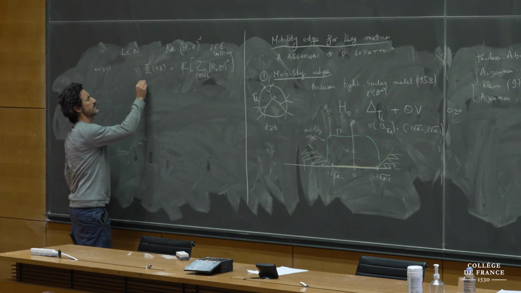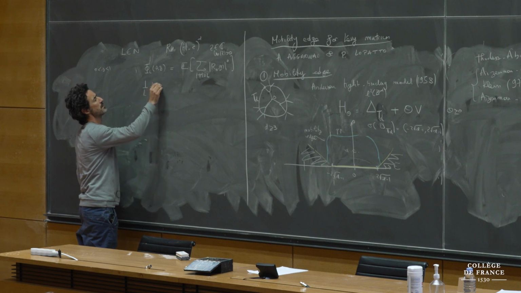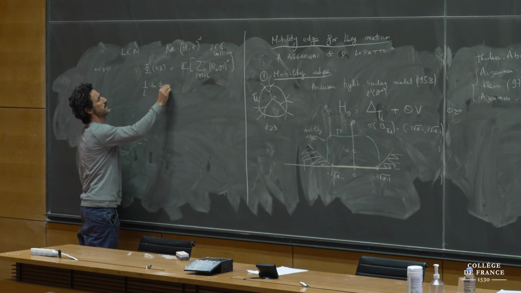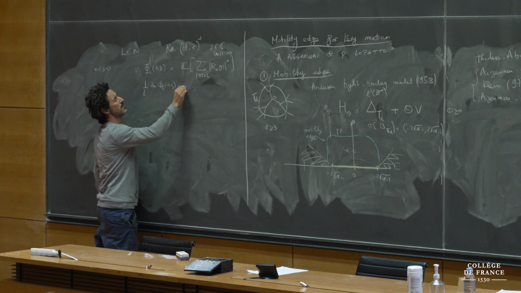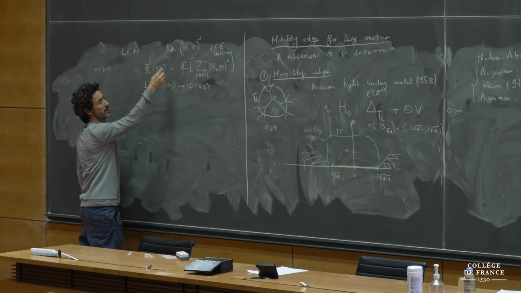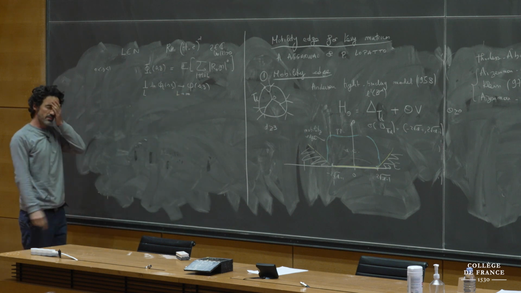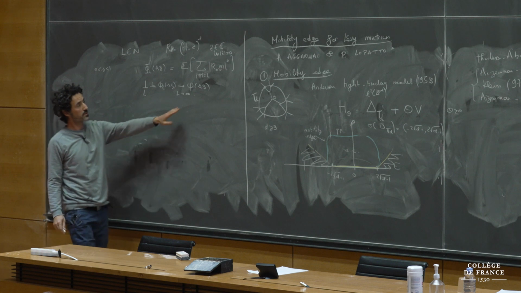And under mild assumptions, by some subadditivity type argument, you can prove that the growth rate of that converges as L goes to infinity to a function which is called the Lyapunov function.